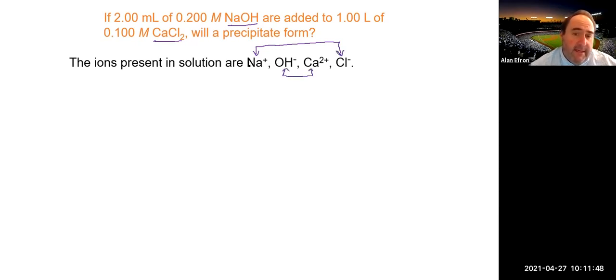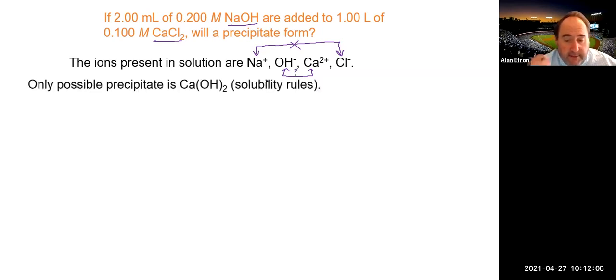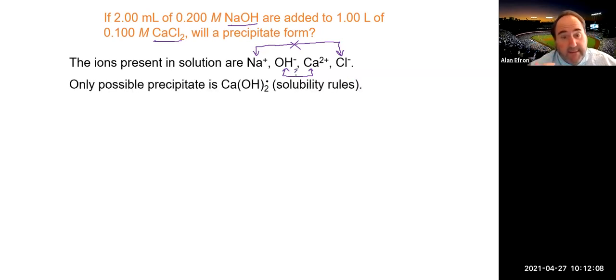Will a combination of sodium and chloride make a solid based on solubility rules? The answer is no, these typically do not. Calcium hydroxide is a possible precipitate based off of solubility rules. So it is possible to form a calcium hydroxide precipitate.